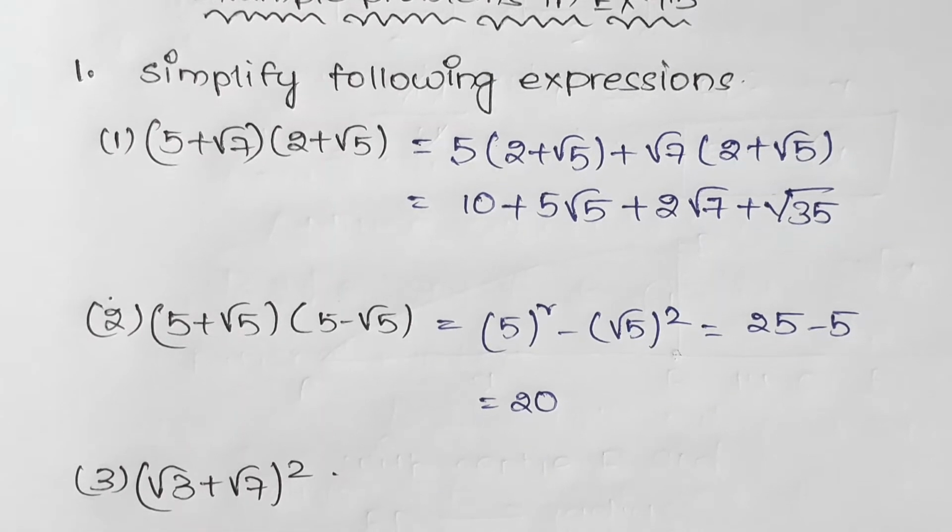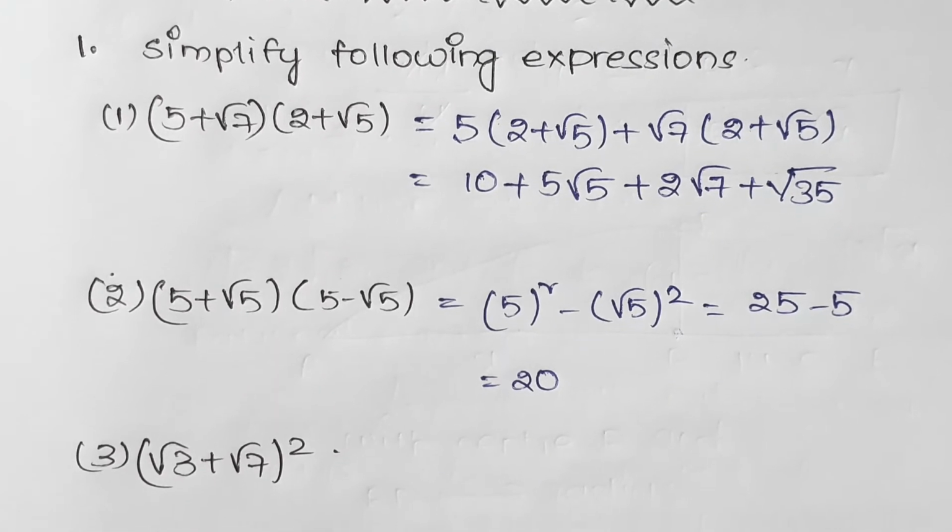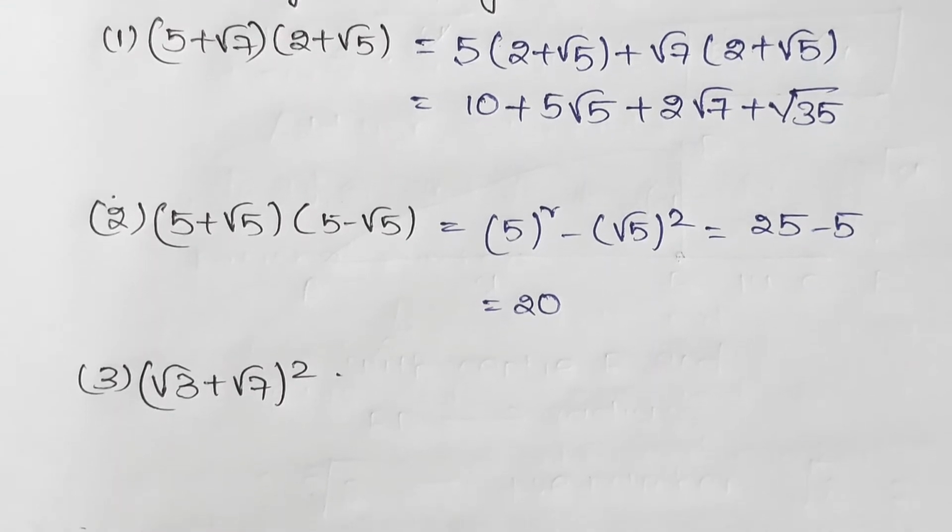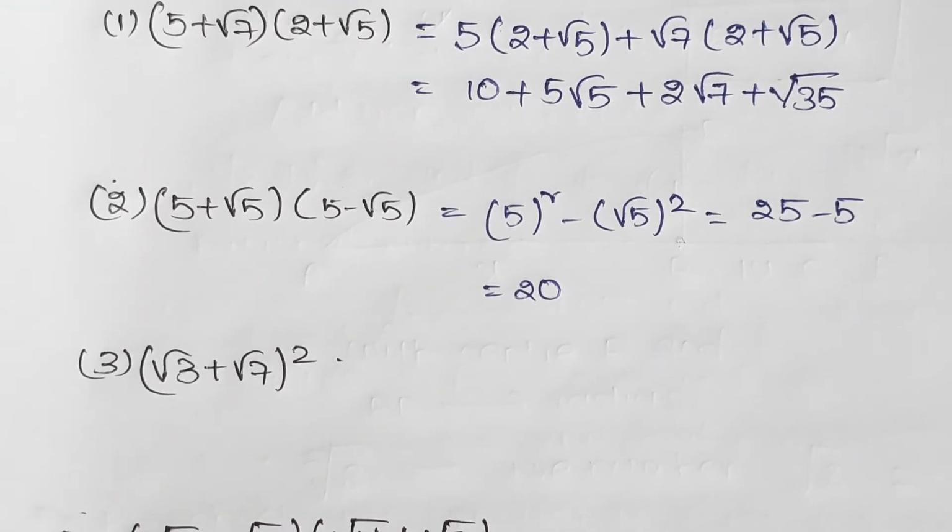And let us see another one, that is here (root 3 plus root 7) whole square. This is in the form of (a plus b) whole square.